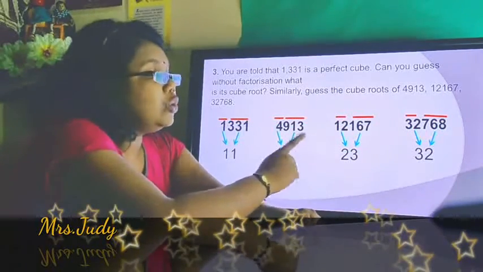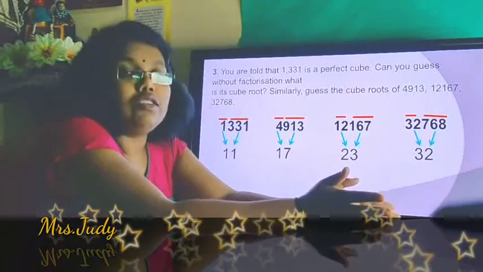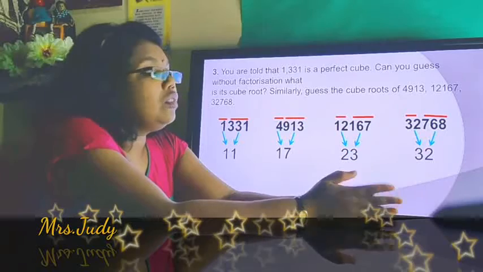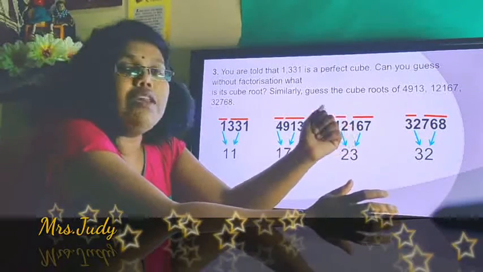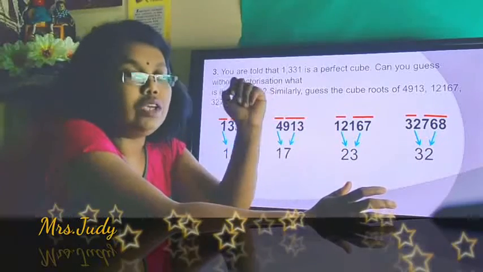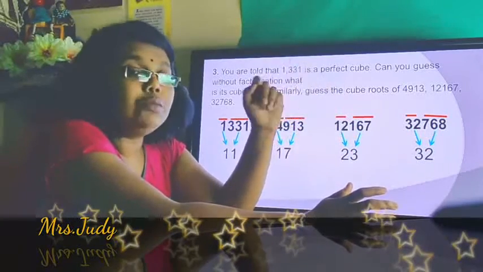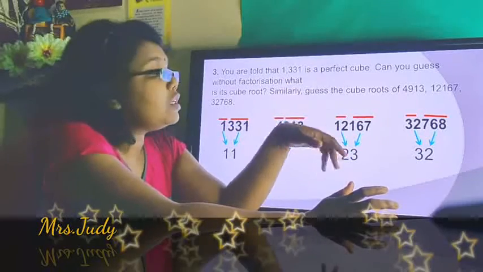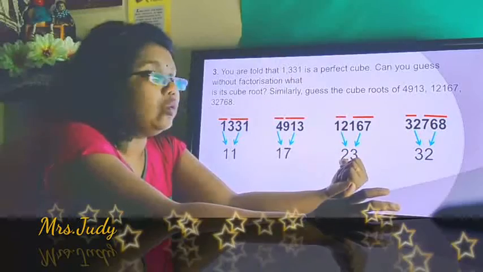But since 12 is not a perfect cube, we see which comes before and after this. The cubes between which 12 lies are 8 and 27, 2 cube 8 and 3 cube 27. So which is the smaller one? 2. So we put 2 there.